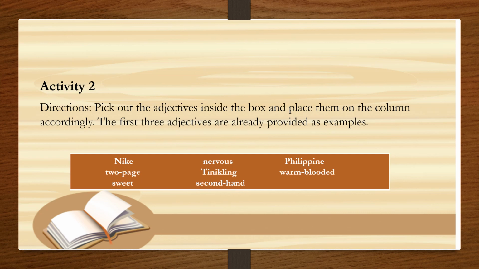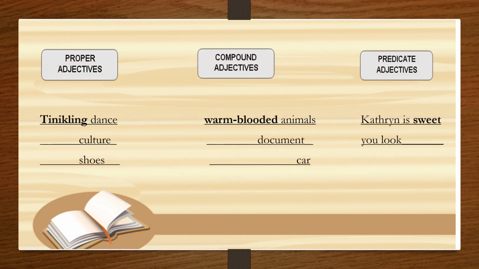We have Nike, nervous, Philippine, two-page, tinikling, warm-blooded, sweet, and second-hand. So we have here for the first column or first line, we have proper adjectives, compound adjectives, and predicate adjectives.